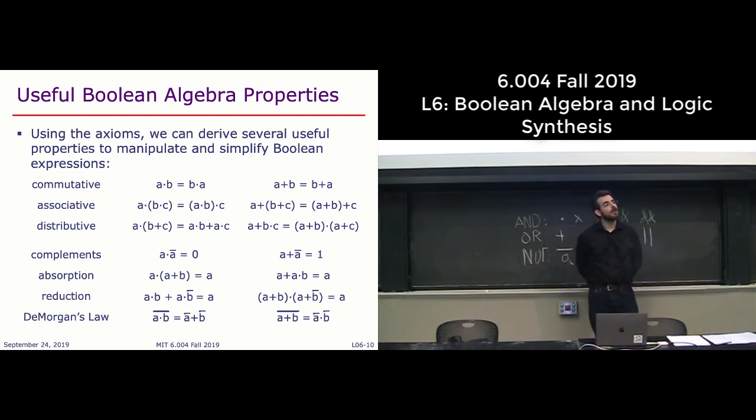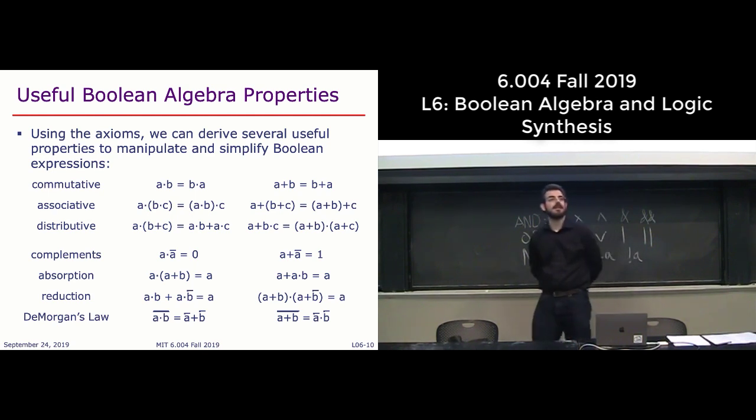And the good news is that a lot of these properties are very straightforward, and they are very much the same as you have in integer algebra. For example, commutativity, right? So A and B yields the same result as B and A, right? Same for OR. Also associativity, you can reassociate terms in operations involving multiple operands, with sequences of the same operation being applied in any way you want.